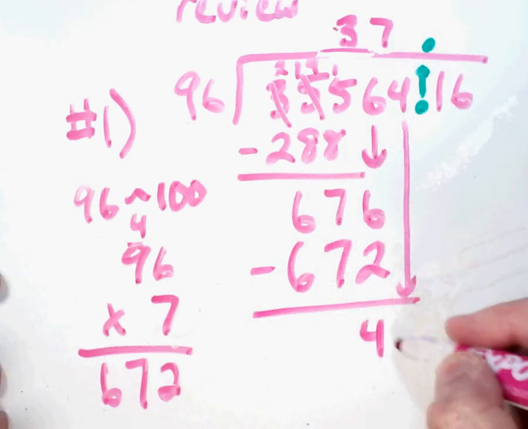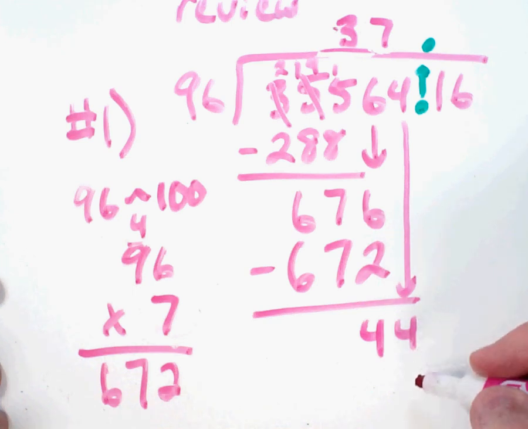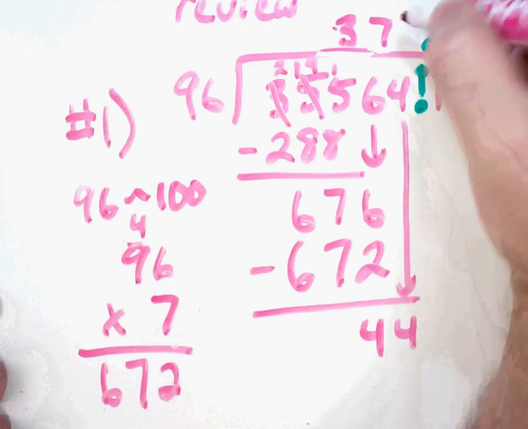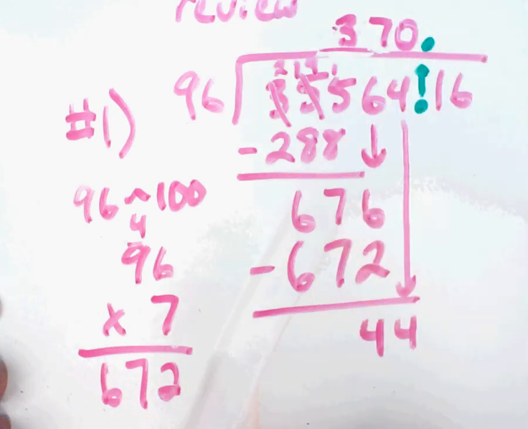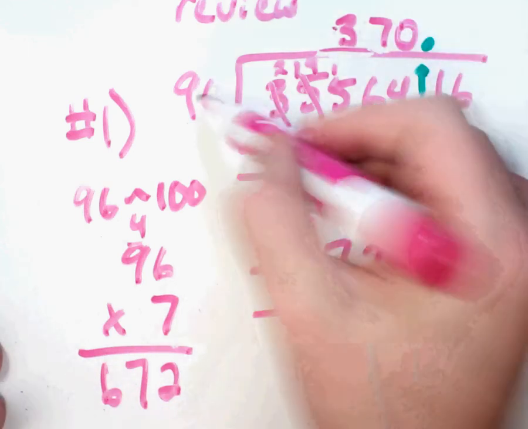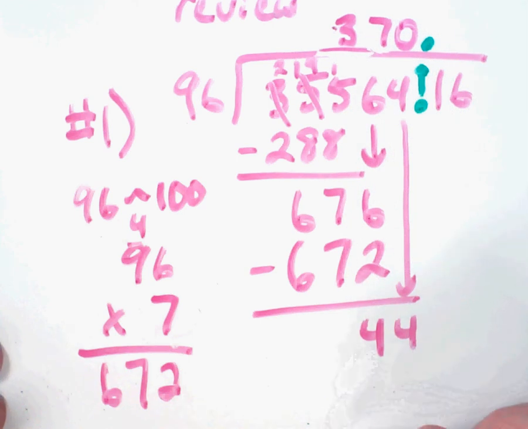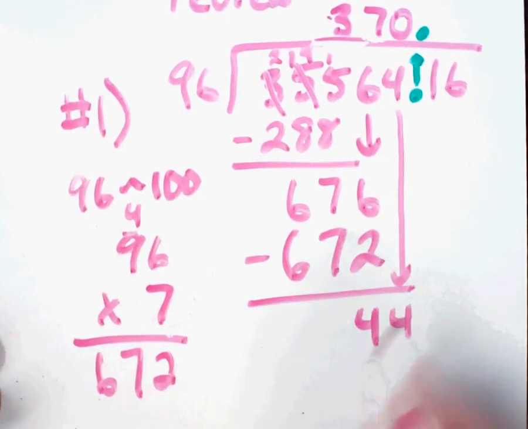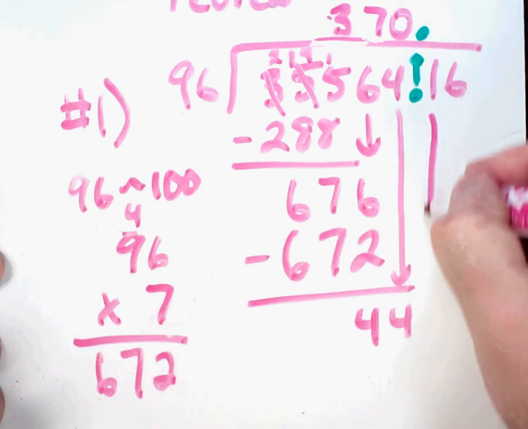Pull down my 4. Now, because I know 96 will not go into 44, I can just put a 0 here. I could go through the process of saying 0 times 96 is 0 and do the subtraction, but that doesn't really change anything. Because I'm running short on space here, I'm going to leave the 44 as it is and pull down the 1.